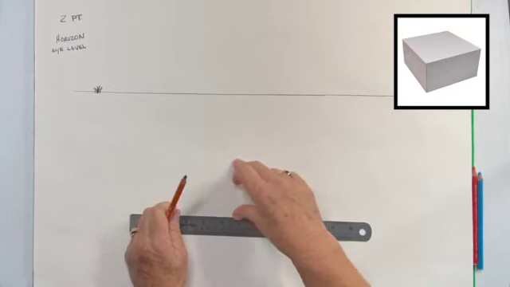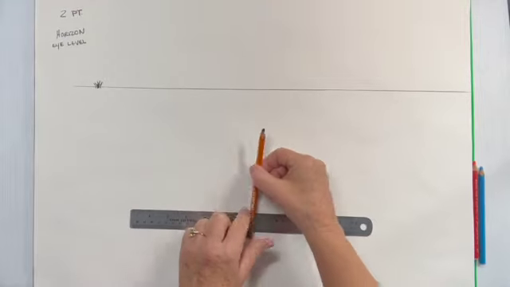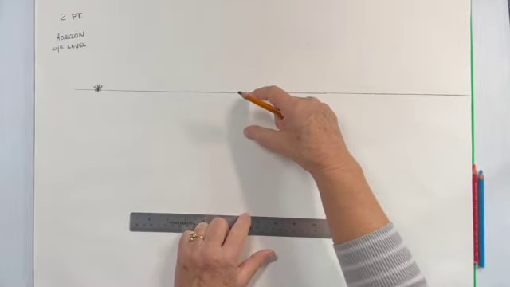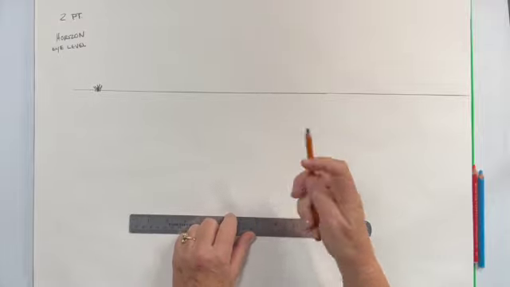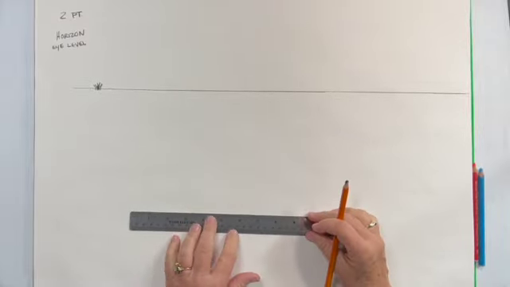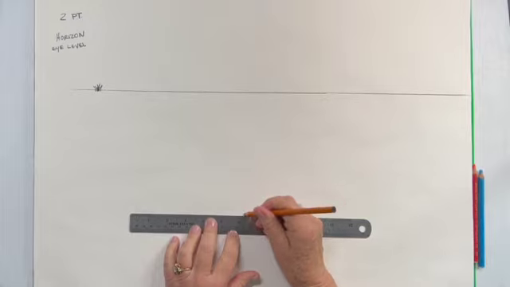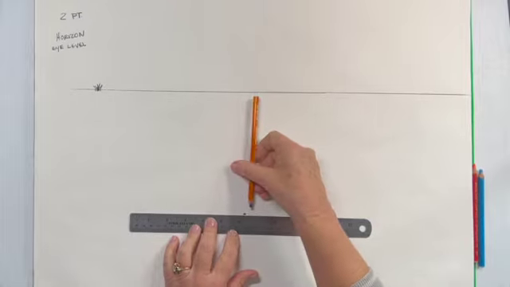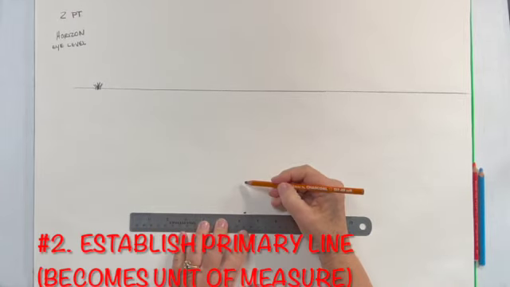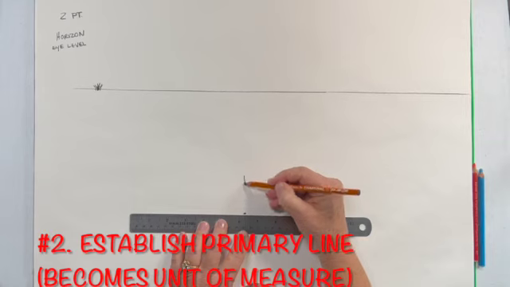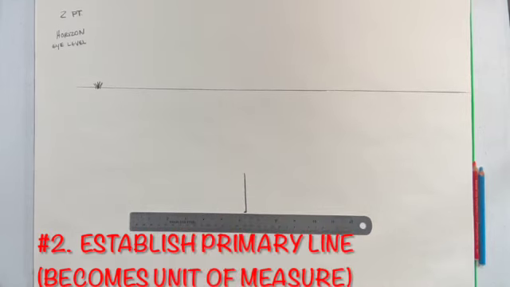And we determine that the bottom corner of the box is about 3 box heights from the horizon line. So we're going to say that that closest corner in the bottom of the box is right about here. And that is our primary line. That's exactly where we start.